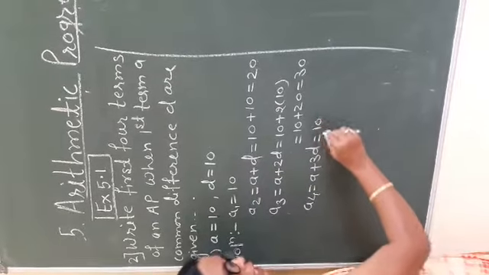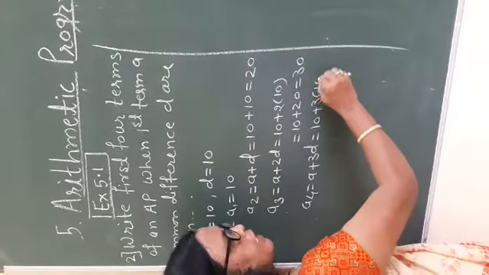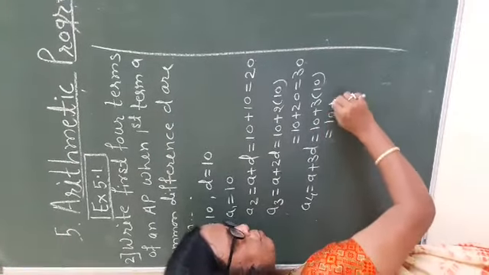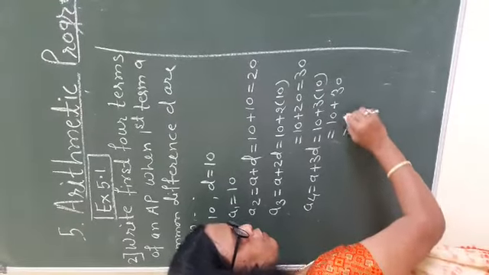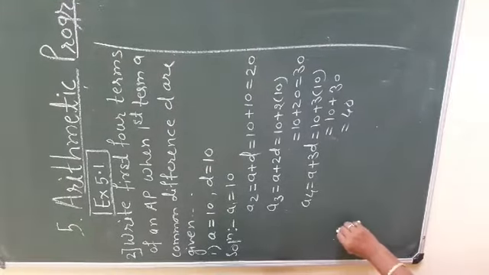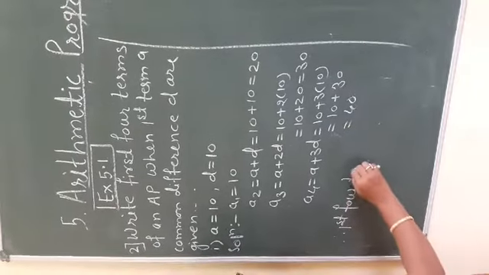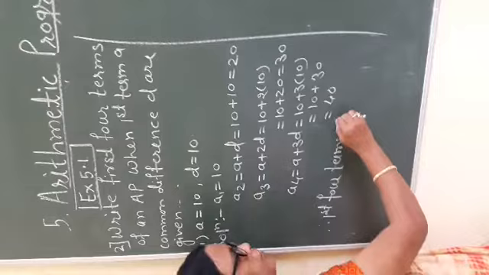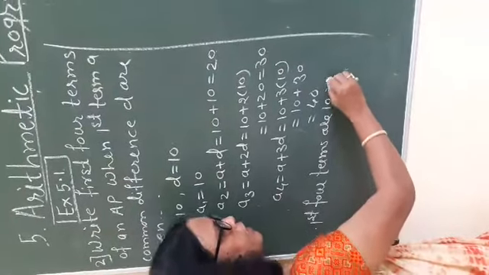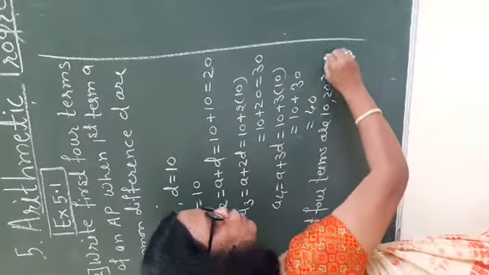The value of a is 10 and 3 into 10 is 30, so 10 plus 30 is 40. Therefore, the first four terms are 10, 20, 30, 40.